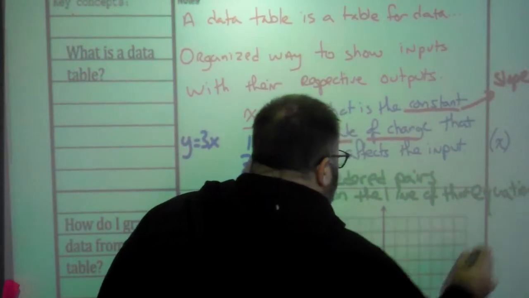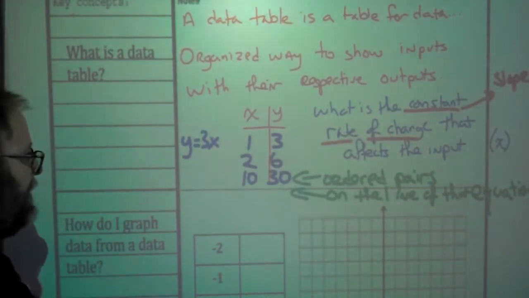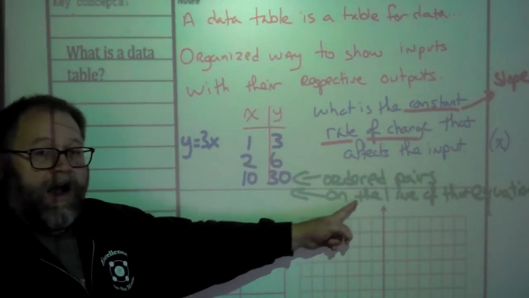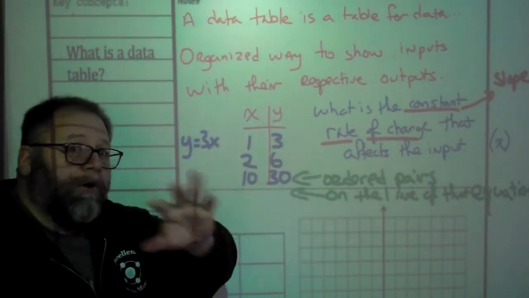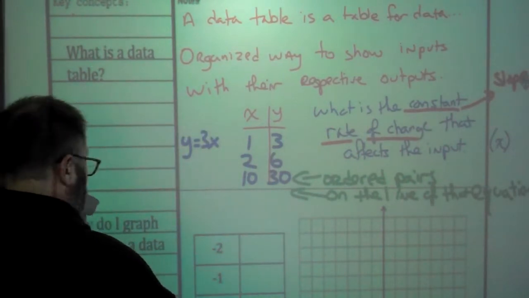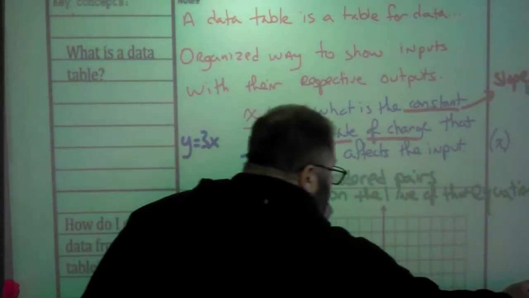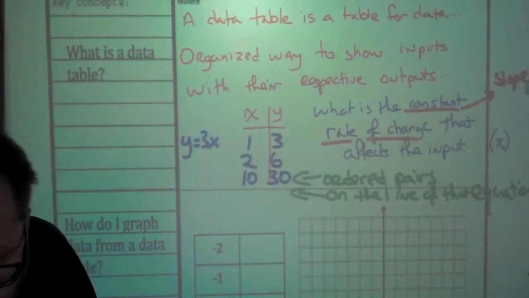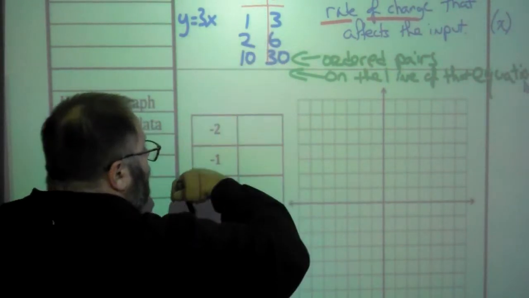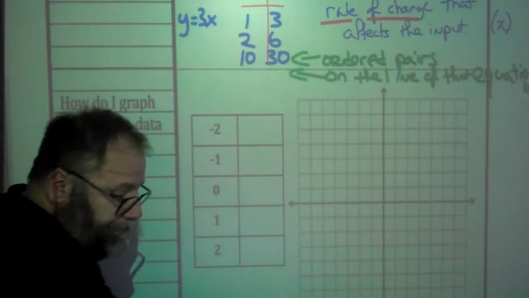I hope that writing isn't too thick. Hope you can see that. These are ordered pairs, and they are on the line of that equation. Now, interestingly enough, we can use rational numbers in this too, but I'm going to show you that down here.